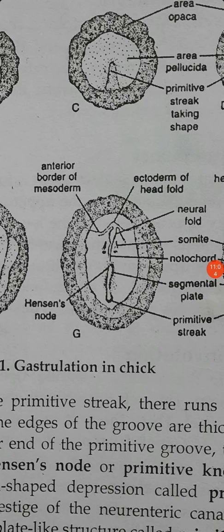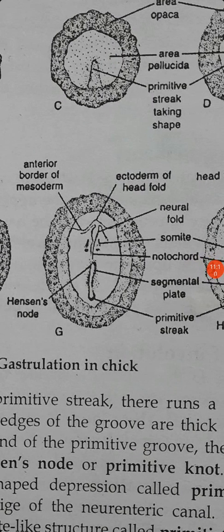The cells which immigrated develop into the precaudal plate, notochord and mesoderm. See, the anterior border of mesoderm, ectoderm of the head. So all the organs, that is head, eyes, from the mesoderm, the digestive system. All these little structures get started above the primitive streak in the area pellucida.